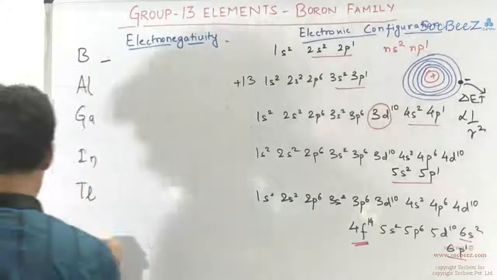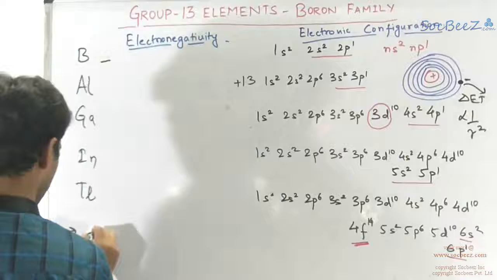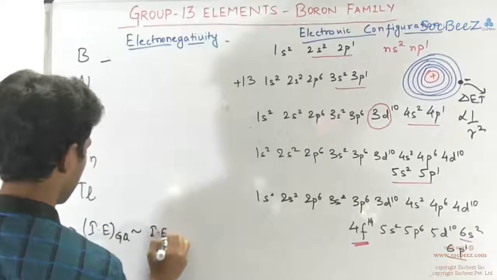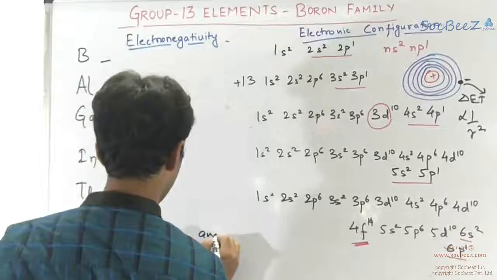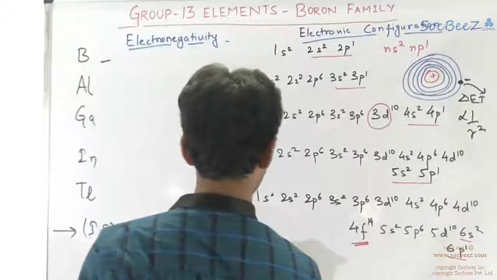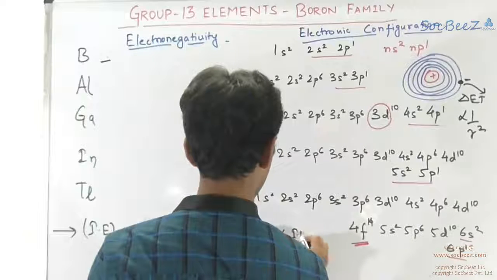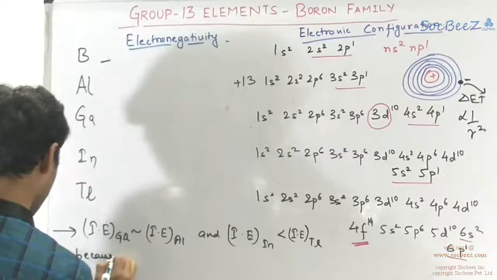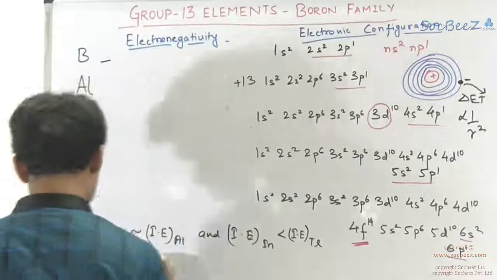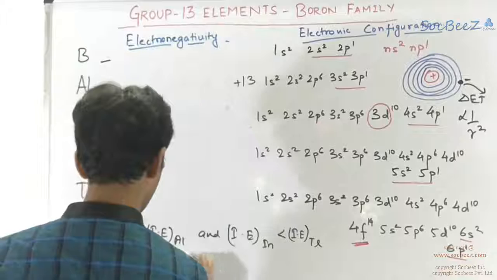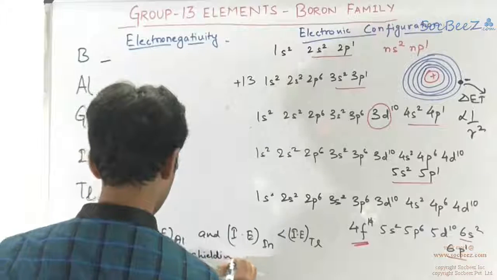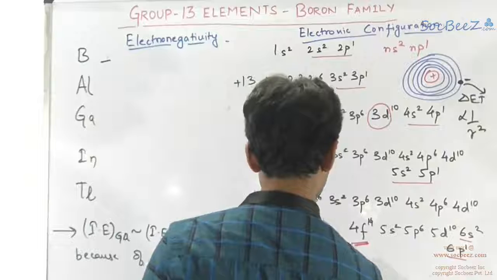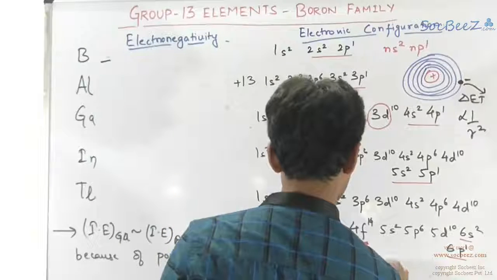We will write it down that IE of gallium is equivalent to IE of aluminium and IE of indium is less than IE of thallium because of poor shielding effect of d and f orbitals.